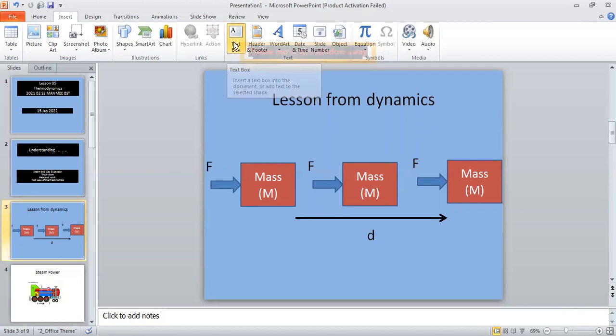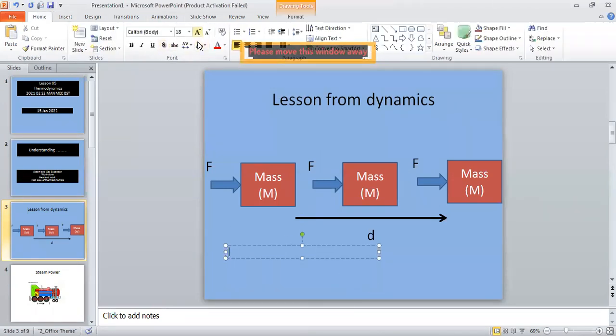So I will write a word here: work done. Do you see this? No, but the mass feels this. Work done on the mass.